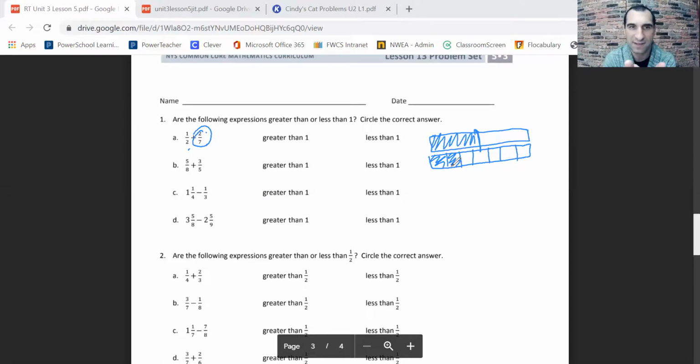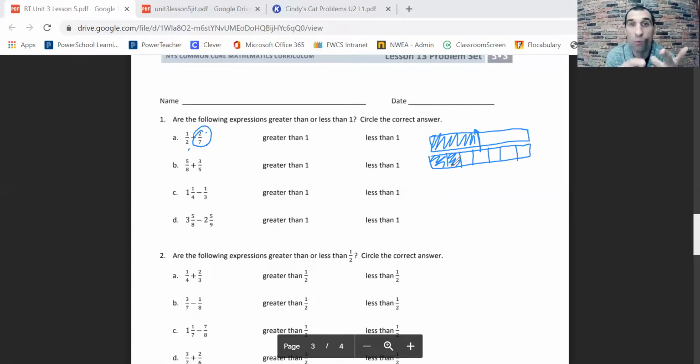Now think about this. Is that going to be more or less than half? Well, what's half of 7? Half of 7 doesn't exactly equal out to a whole number. So I know that half of 7 would be like 3 1/2, right? So 3.5 is more than 2.